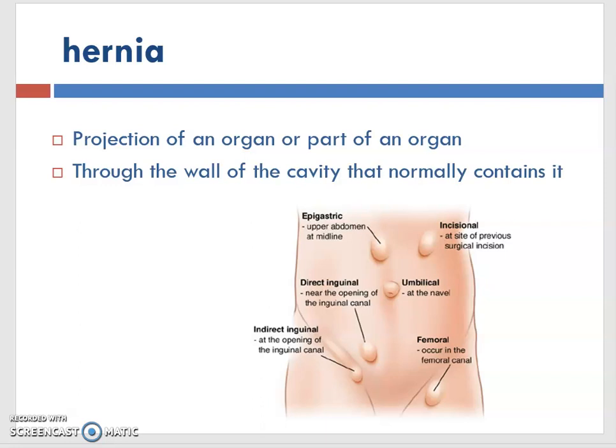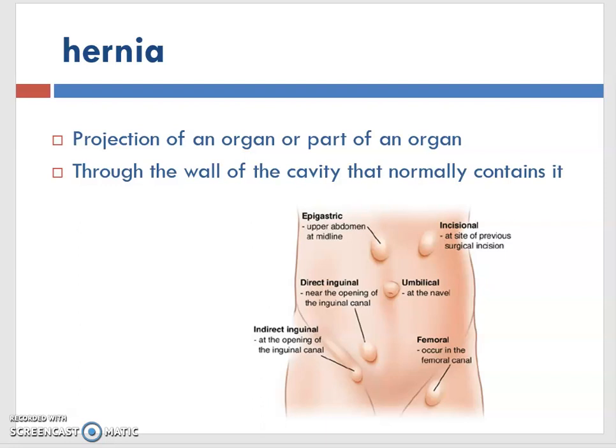We have an umbilical hernia. You see there in the center, that's the umbilicus herniation. A direct inguinal is near the opening of the inguinal canal. The indirect inguinal is at the opening of the inguinal canal. So either one of those can be associated with the inguinal canal. When we get to the reproductive chapters next week, we'll talk a little more about what that inguinal canal is all about.